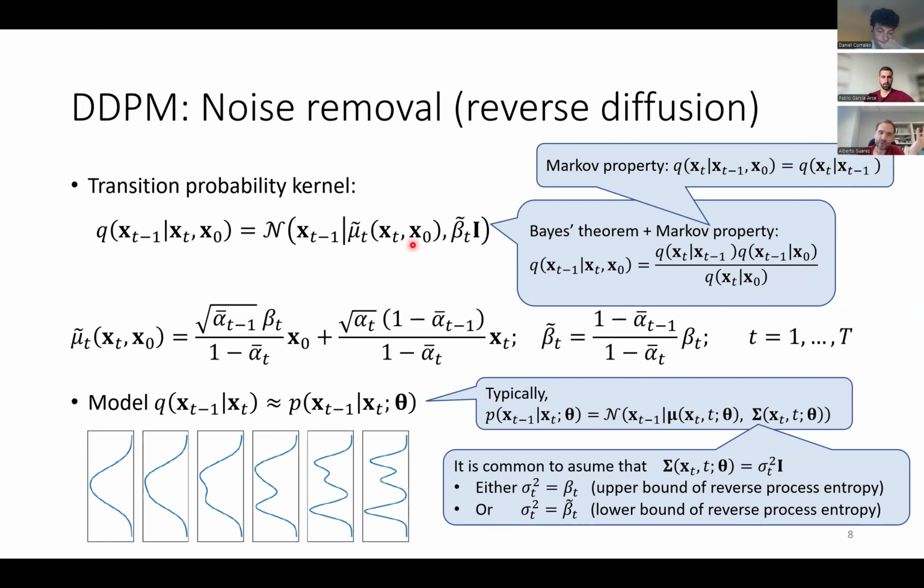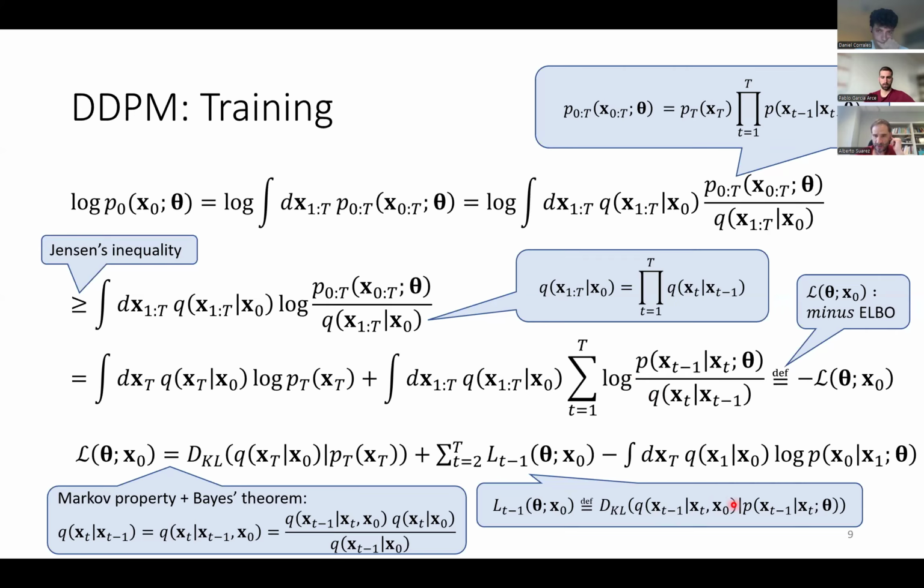You do have it for a particular x0, but you don't have it in general for any image. So what you're going to do is approximate it by this model, which is a model of the backward kernel that depends on these parameters. Here, the dependence on x0 is implicit; it is no longer visible.